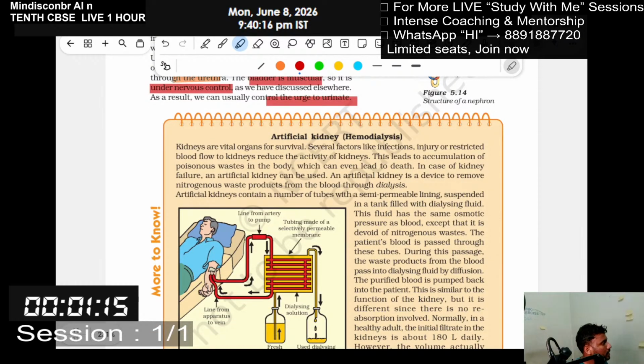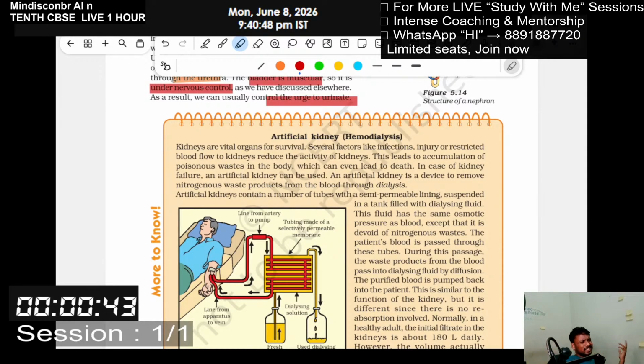Now artificial kidneys. What are artificial kidneys?